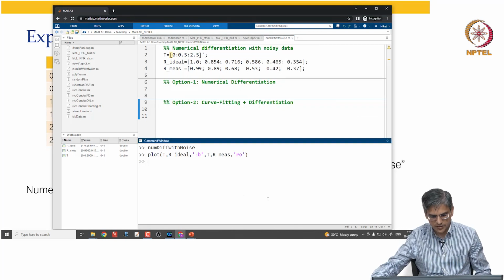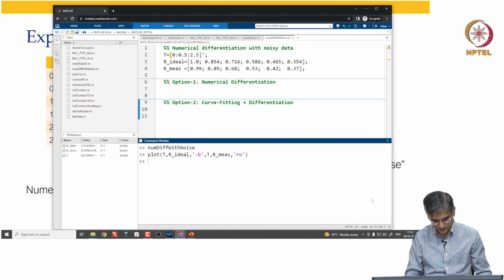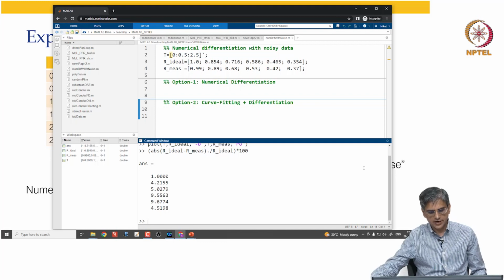Let's find out what the errors are. These are the errors that you will get.